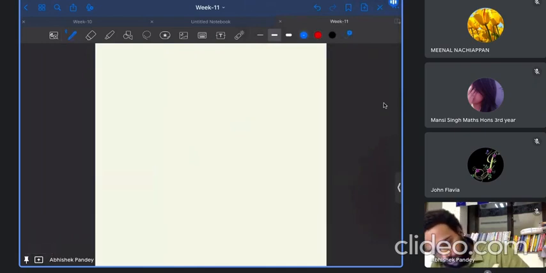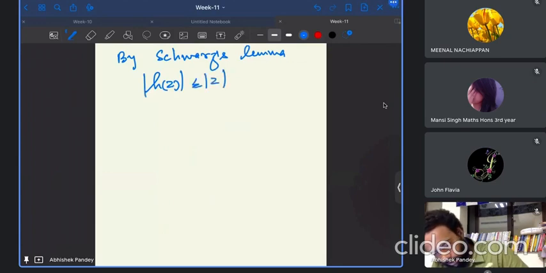Now by Schwarz lemma, basically mod of h(z) is less than or equal to mod z. So let us take z naught belongs to D star.